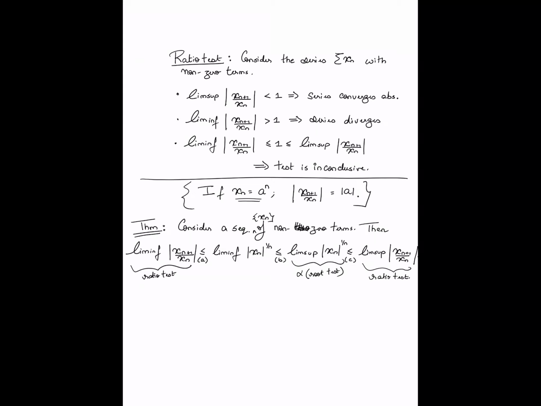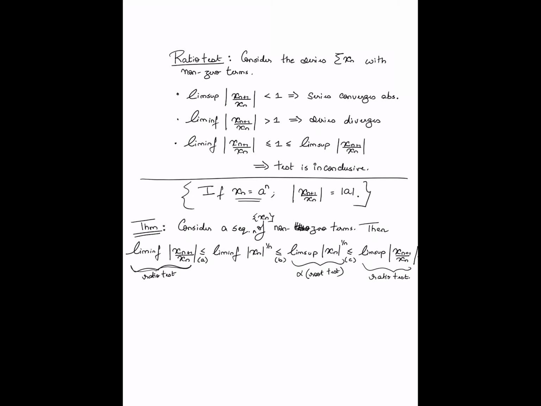Similarly, look at the second statement, where I'm now looking at the leftmost term. If the lim inf of mod xn plus 1 by xn is more than 1, then by the same string of inequalities, alpha is also more than 1, in which case the root test implies that the series diverges.